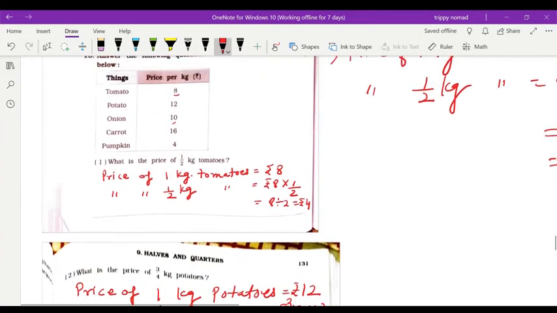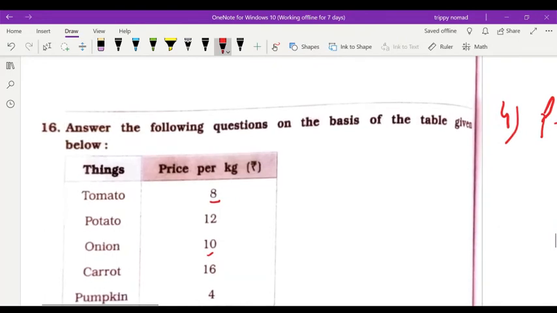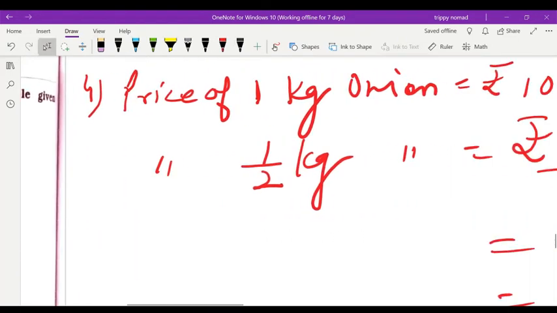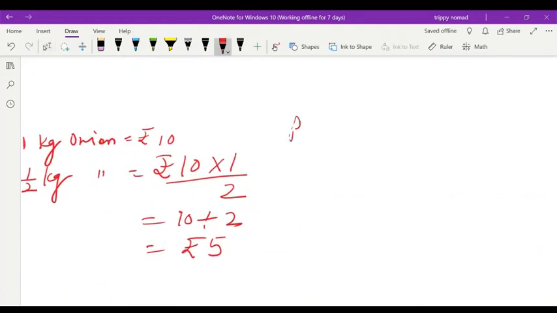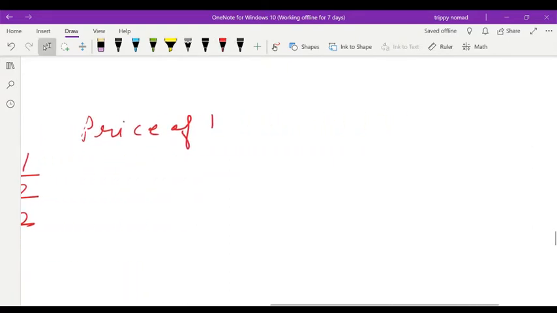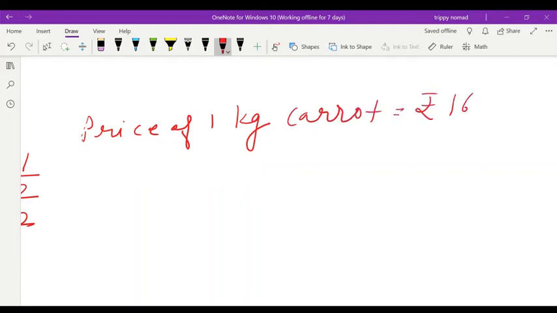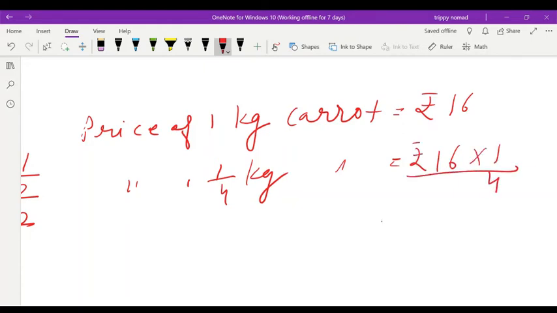Same way, 1/4 kg carrot. Carrot rate is 16 rupees. Price of 1 kg carrot, rupees 16. Then price of 1/4 kg carrot, that means 16 into 1 by 4. That means 16 divided by 4, rupees 4.